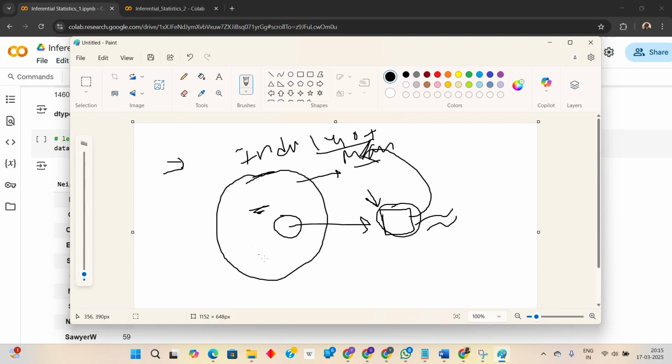For example, India has around 29 states. If I take only one particular state and collect only 100 people from it and calculate the mean, that mean may not equal the entire India's average height. So the sample should also be collected randomly.